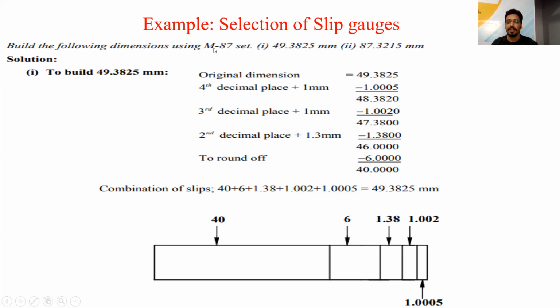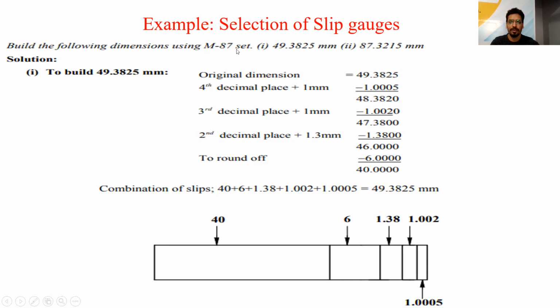So we take set M87, and according to M87, if we see this dimension, the smallest value which is present here is 1.0005. This value, 1.0005 mm, is present in the gauge set of M87.